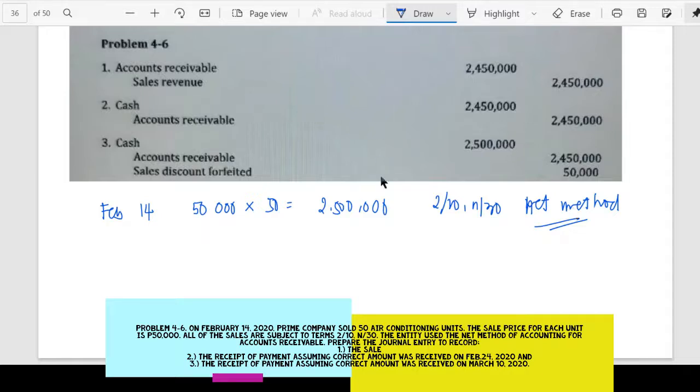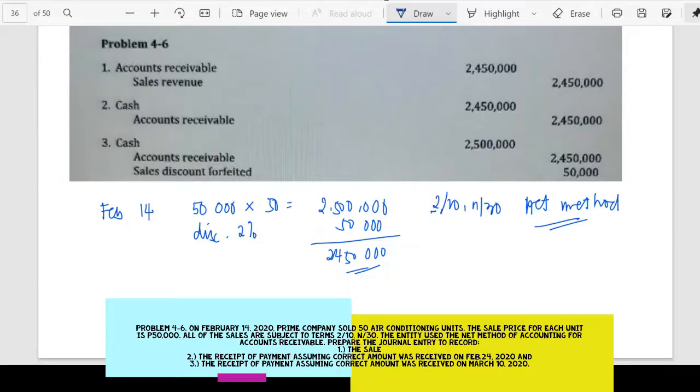Okay, and how much is the discount? That's 2% of 2,500,000. So, 2,500,000 times 2%, it's 50,000. So, minus. So, that's 2,450,000. So, muna na siya ang net amount.